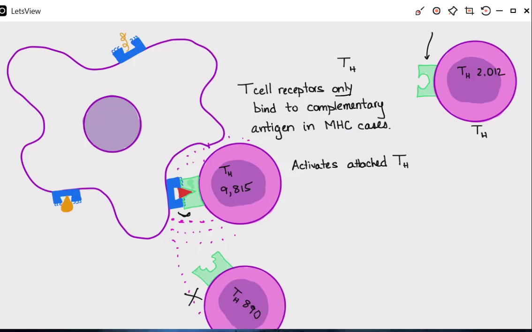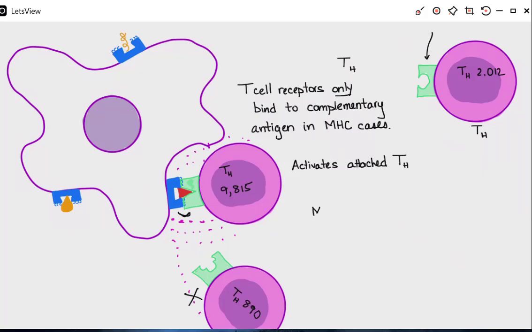Well, this is kind of like a form of clonal selection. So what's going to happen is that helper T cell is now going to replicate. And each daughter cell is going to be active and is going to go in search of a B cell. So the middleman or the liaison is the helper T cell. So the chain of events is this.